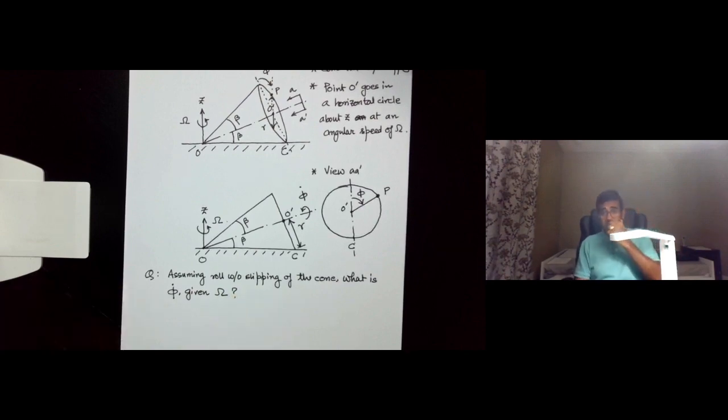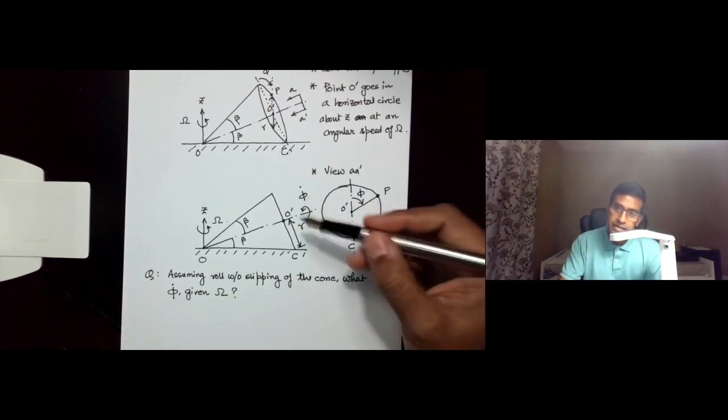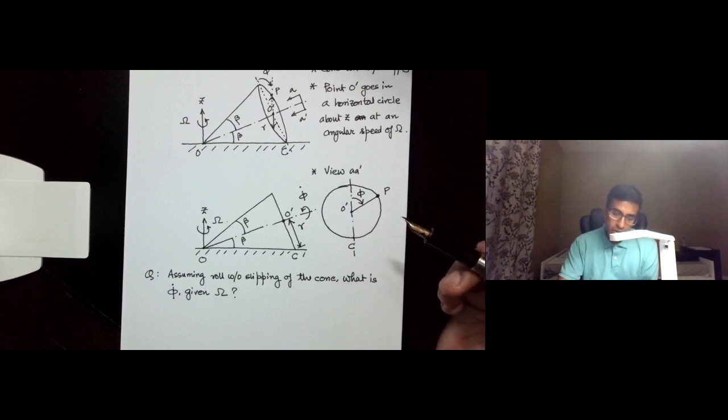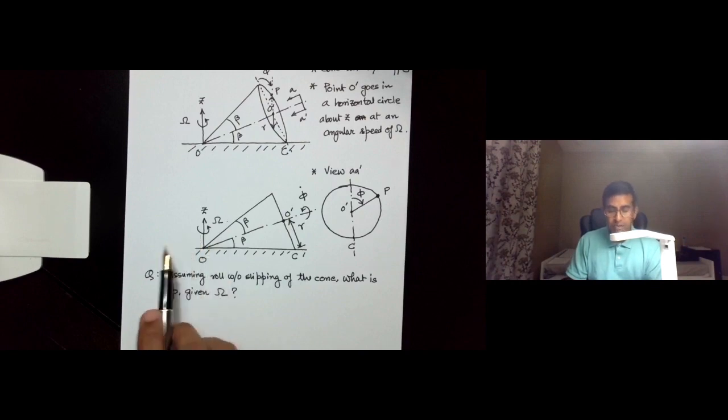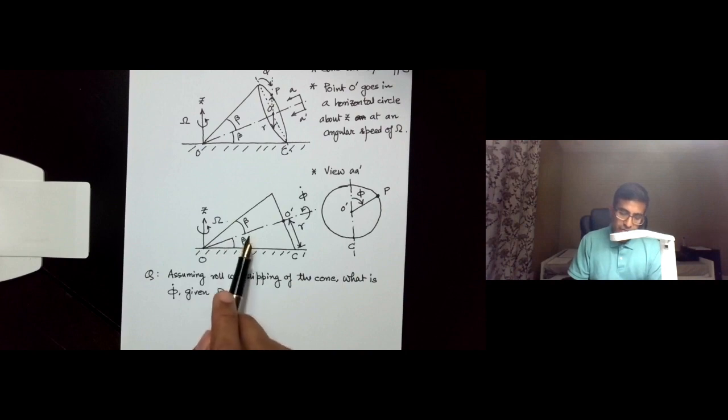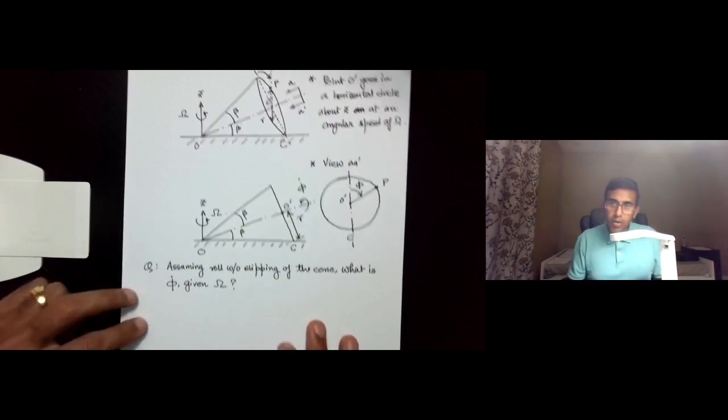So that's the question. What is this spinning speed of the cone given that it rolls on the horizontal surface, and as it rolls, the angular velocity traversed by O prime is given by omega.